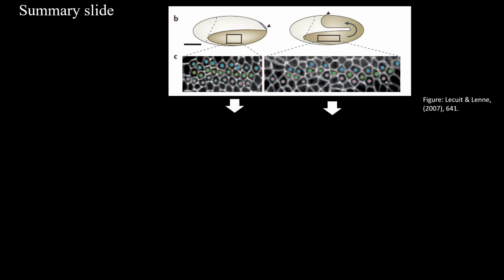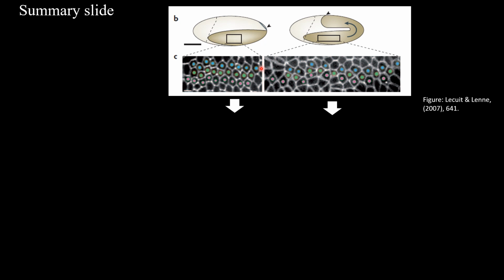Here I'm going to summarize the key idea of this paper. There is a process called convergent extension that is found in different organisms in early embryogenesis. Here you see a schematic of a Drosophila embryo, and they made lines of different colors, and when they labeled it, something similar to what we have done, you see Drosophila legs.